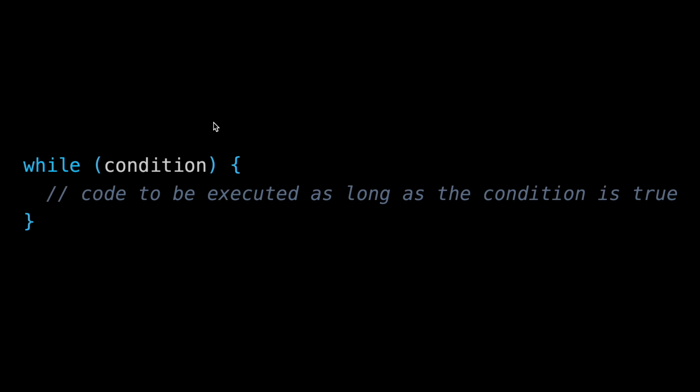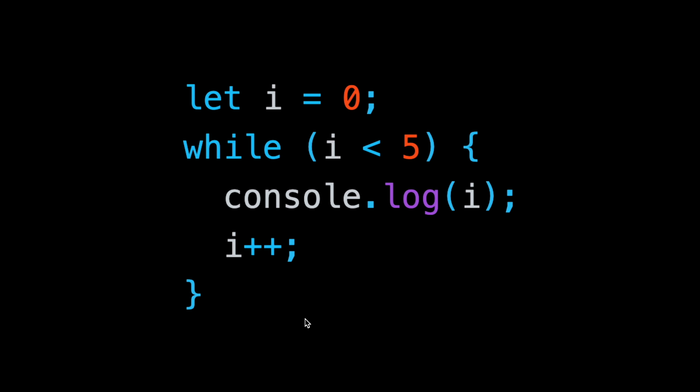So now we have a while loop. So while this condition is true, it's going to continue executing everything within the curly braces. So here's an example. So we have let i equal 0. While i is less than 5, we'll console.log i. And we have to have something that's going to break out of the while loop.